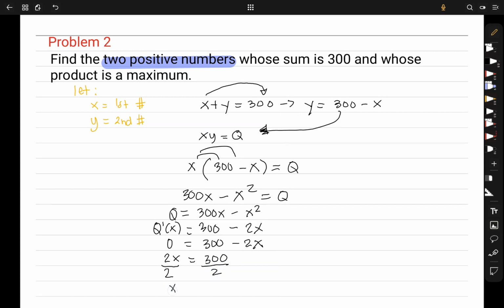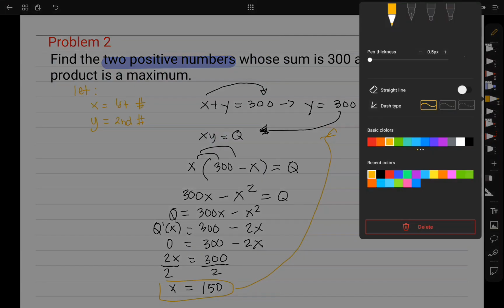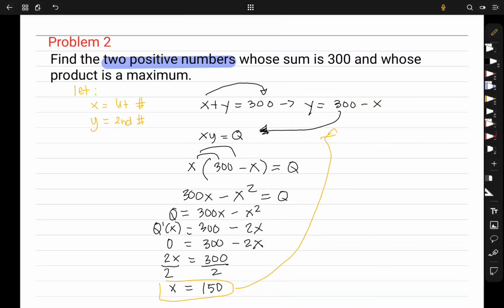So our x is equal to 150. And then this 150 will be substituted here in our y. So y is equal to 300 minus 150.